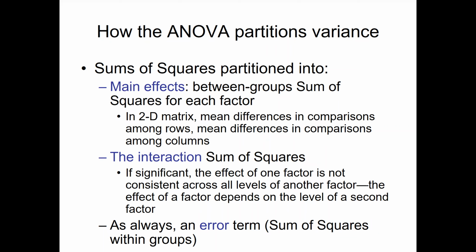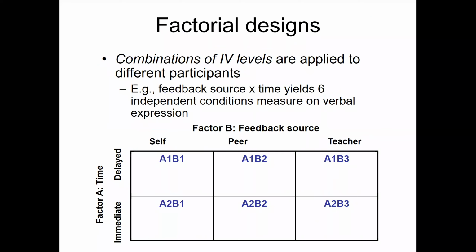And so we now have to talk about main effects of separate factors. In our example, that could be the difference of time in terms of the mean for immediate feedback versus the mean for delayed feedback overall, and its overall tendency to relate to verbal expression.